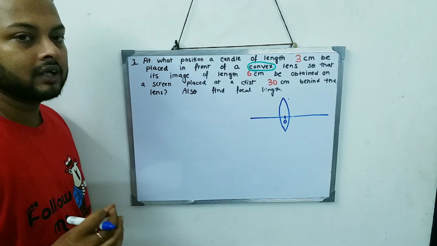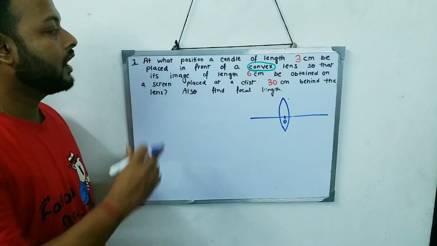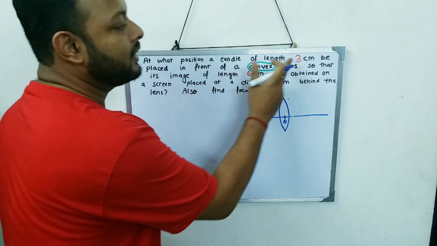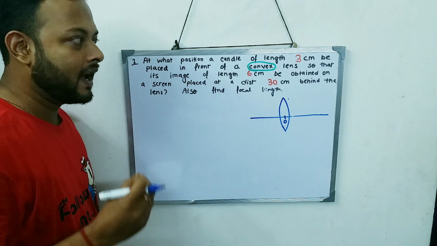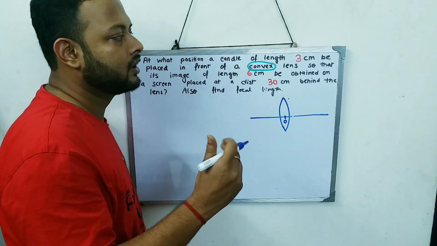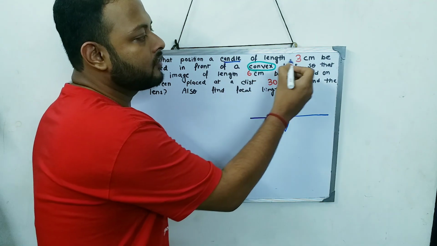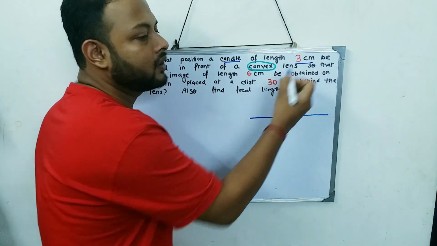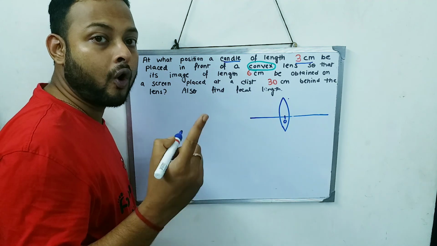Now see what lengths are given. At what position a candle of length 3 centimeter? As you read this question, you understand the candle is of length 3 centimeter. So if the candle is of length 3 centimeter, then what do you understand? My candle is the object.